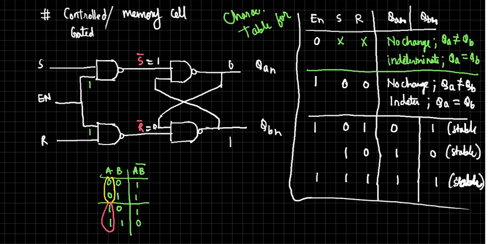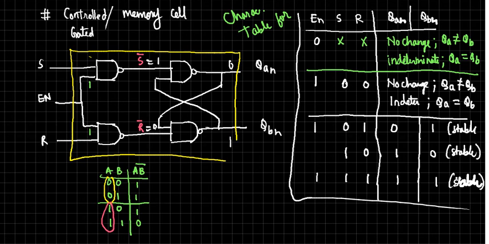Whatever we have built so far is called a latch. Let me name that truth table for a latch. This is also called an SR latch, just because S indicates set and R indicates reset.